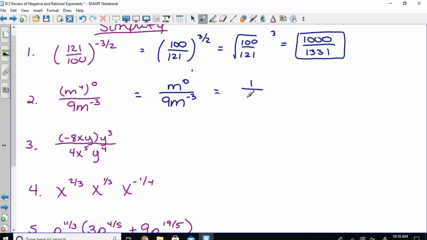So this is 1 over 9m to the negative 3. But I can't leave a negative exponent in my final answer. What does that negative 3 touch? Only the m. So the m moves up to the top. So you get m to the 3rd over 9. If you didn't get any of these, fix them as we go, please. Let's put the calculator down.